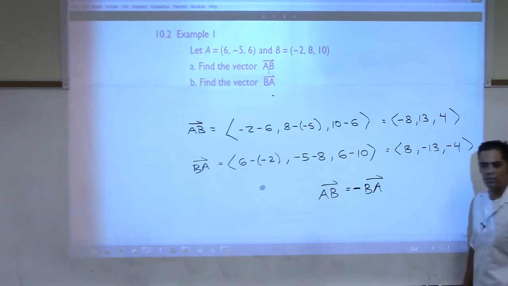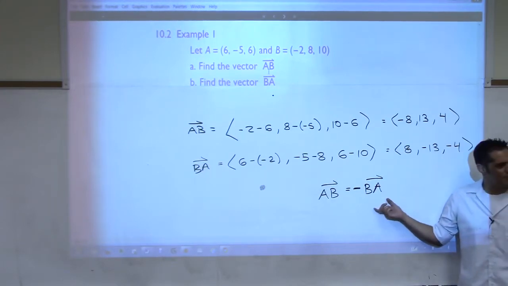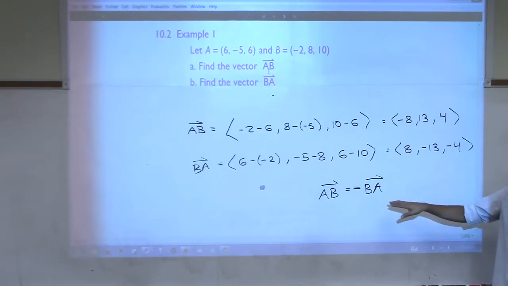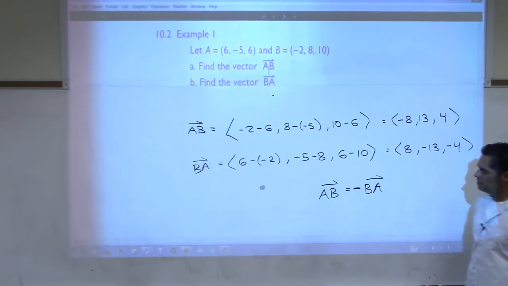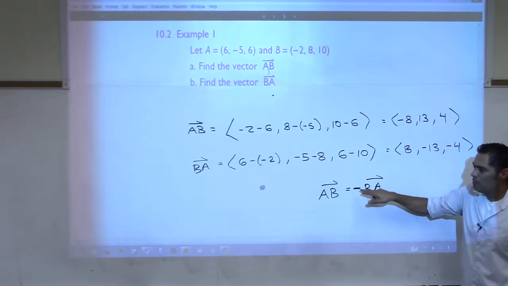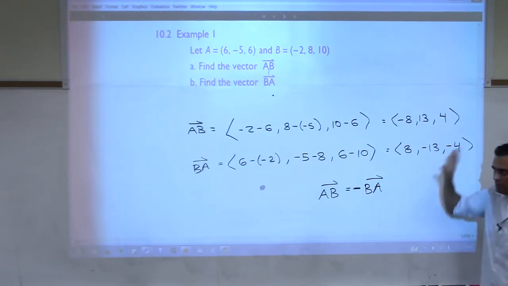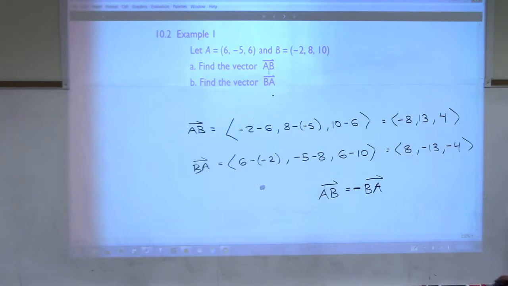Would it make sense that that would be somewhat true? According to this, it turns out to be the case, but we haven't discussed what it means to multiply a vector by a number. Well, it's about to happen, but I'm kind of ahead of myself there.